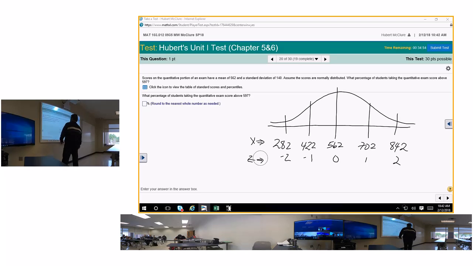Now, that takes care of all of this. What percent area, and it's also called probability, but we haven't had probability yet, but don't worry about it, of students taking the quantitative exam score above 597?